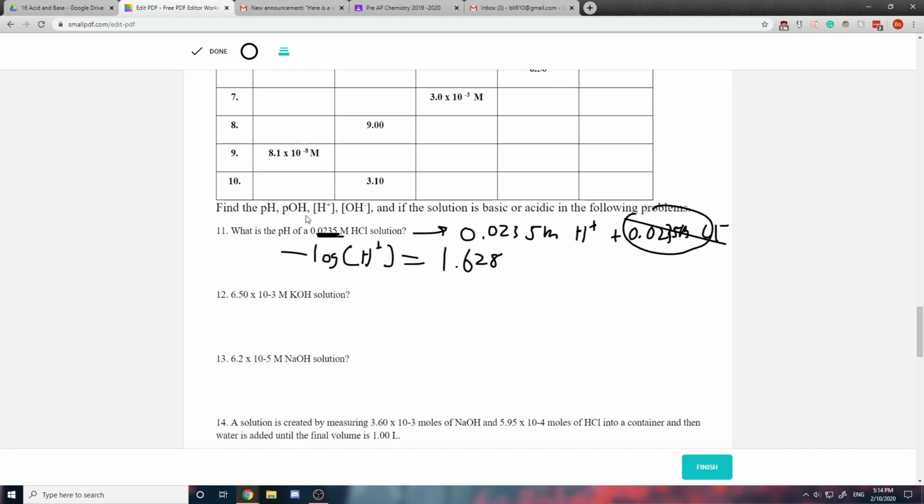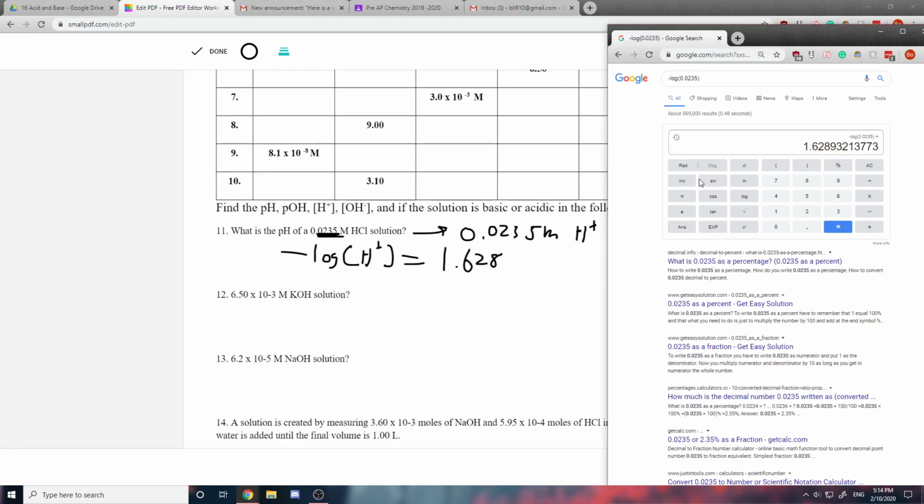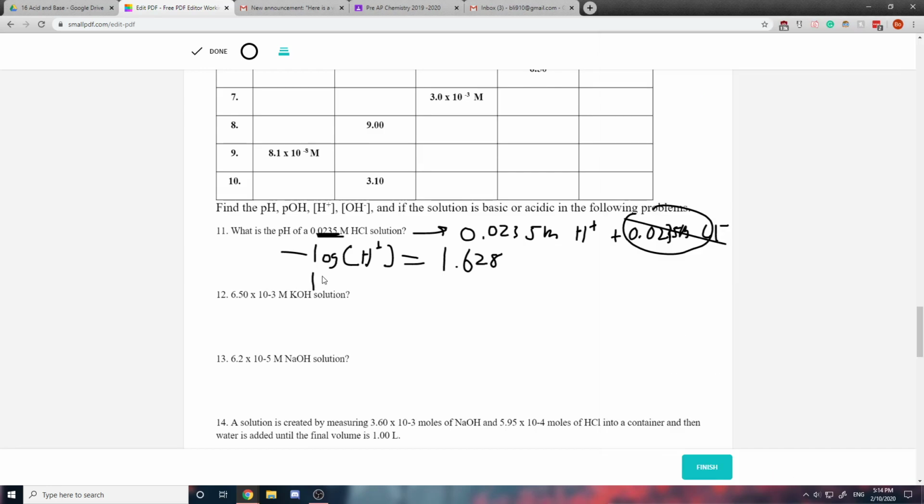If I want to find pOH, you could just subtract it from 14. So 14 minus your answer. So this is your pH. The pOH is just 14 minus 1.628, which gives you 12.37. That's your pOH. And again, for the concentrations, you just got to do the anti-log, or 10 raised to the negative pH.